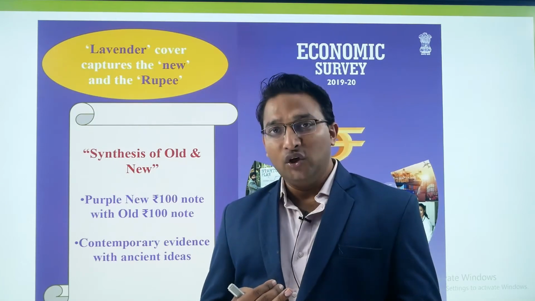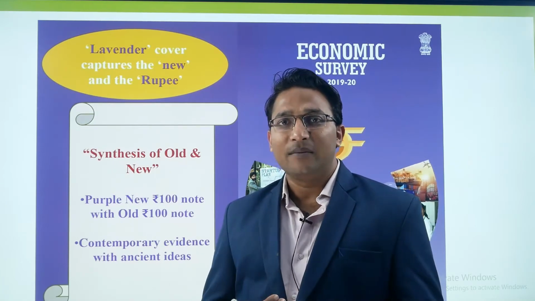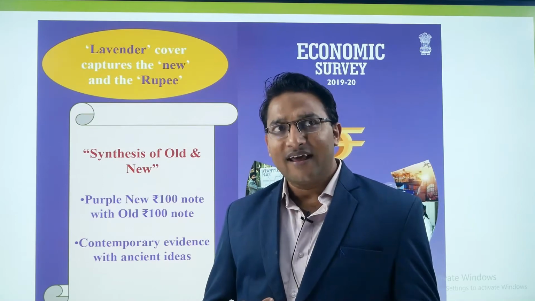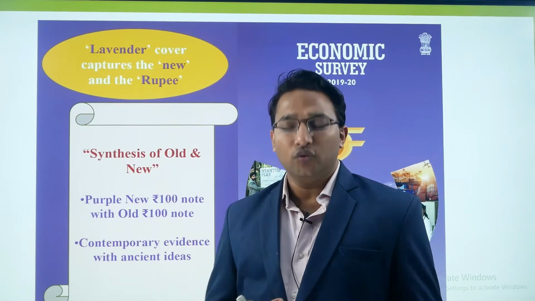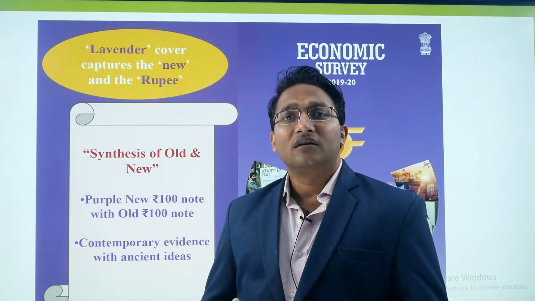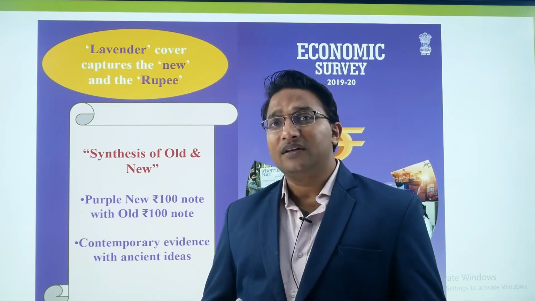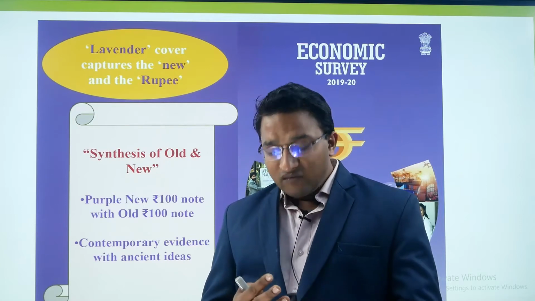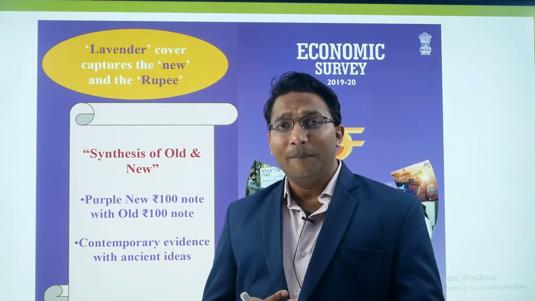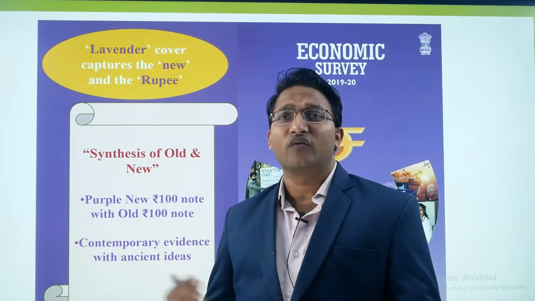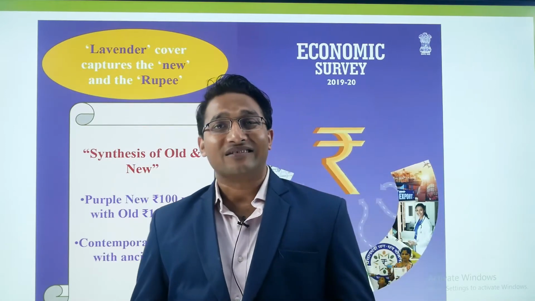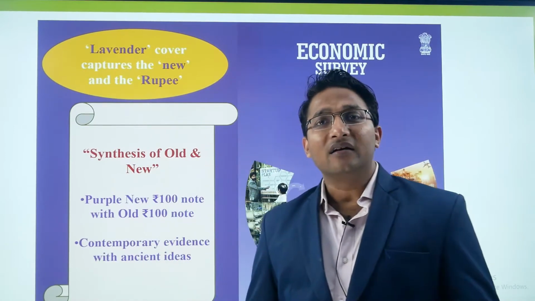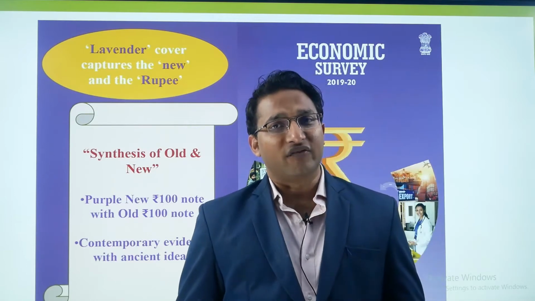Second is the Department of Revenue, which takes care of the revenue, for example, the direct taxes and the other revenue. Third is DIPAM, which takes care of the disinvestment, etc. Then we have the Department of Financial Services, which takes care of the financial sector like the banking sector. And finally we have the Department of Economic Affairs.